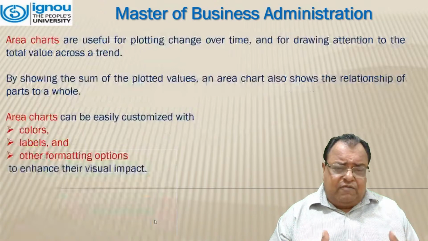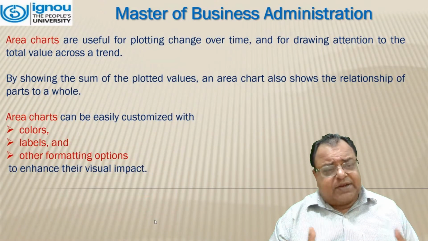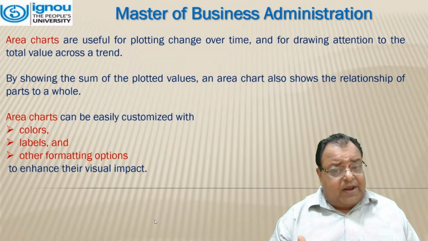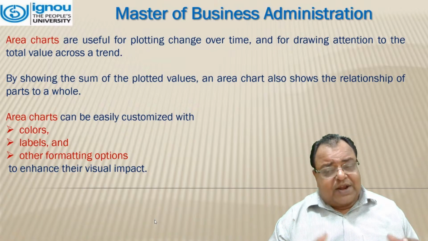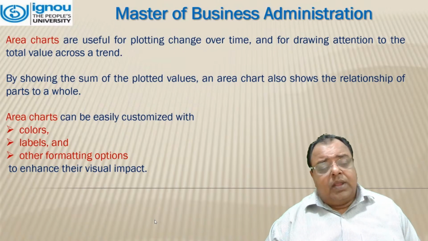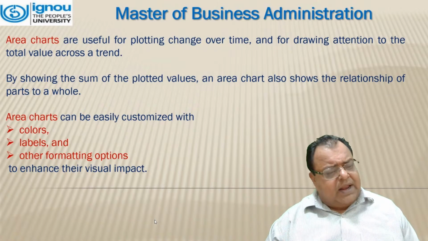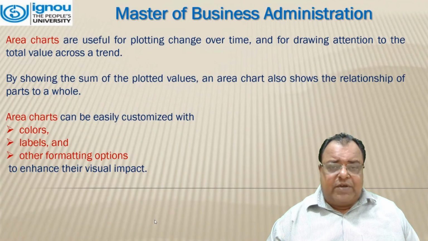Area charts are useful for plotting changes over time and for drawing attention to the total values across a trend. By showing the sum of the plotted values, the area chart also shows the relationship of the part to the whole. Area charts can be easily customized with color, labels, and other formatting options to enhance their visual impact.